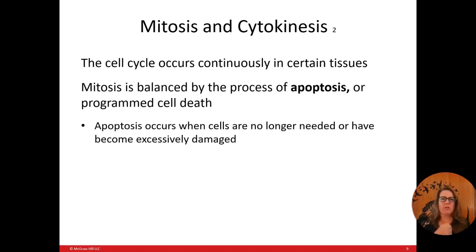So what you should know is that at the same time that we're dividing cells, there's also what we call programmed cell death. This is particularly fascinating early on in life when you're going through cell division of the embryo.